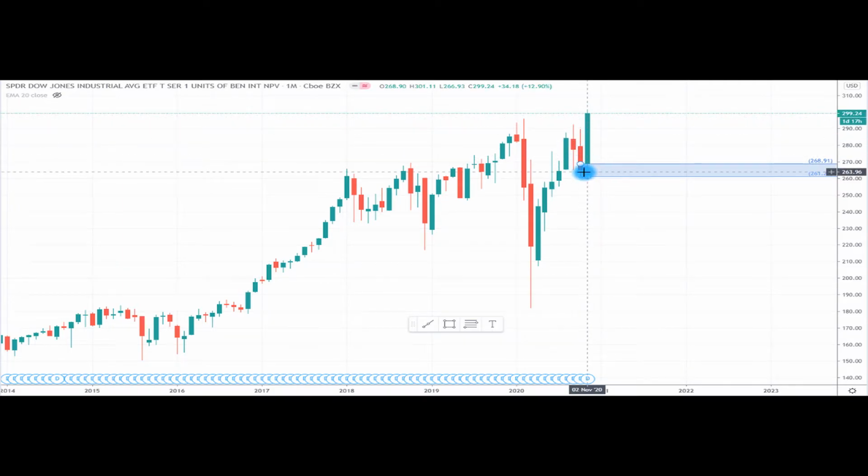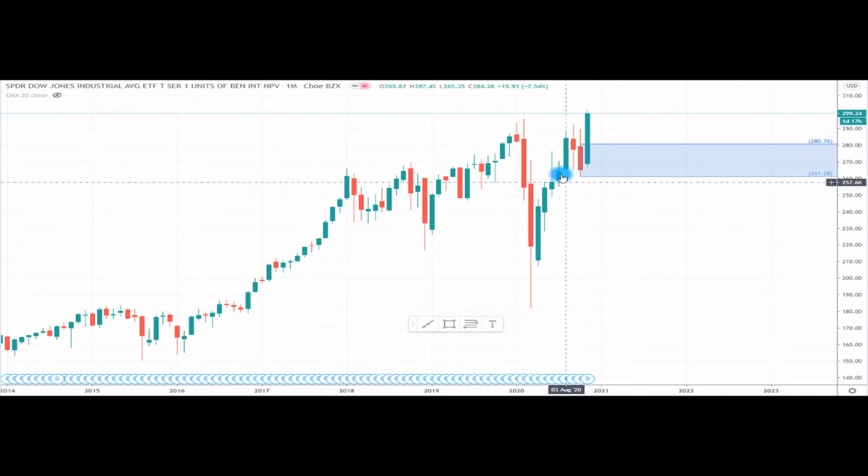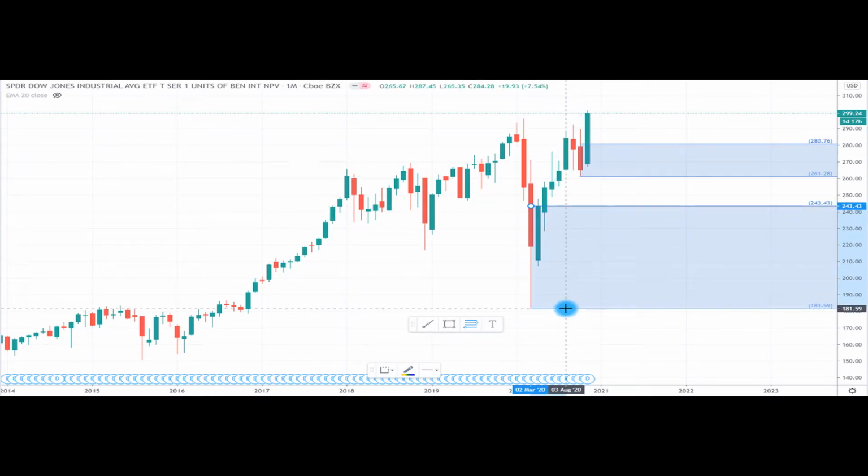Strong bullish candle, potential demand zone right here. And it did not have any previous demand zones to go long on besides down here, which is a very wide candle. So this was the zone. Price never retraced to it. So this is the potential zone that it created by the month's end.